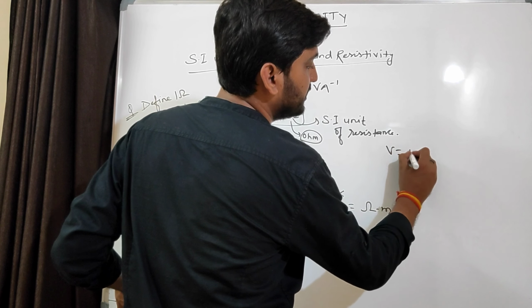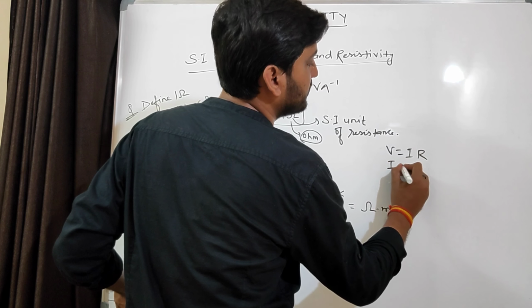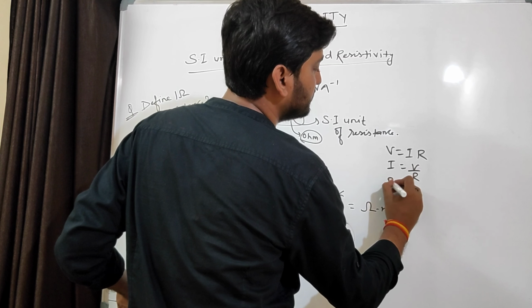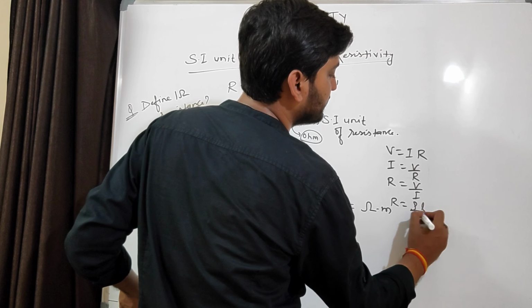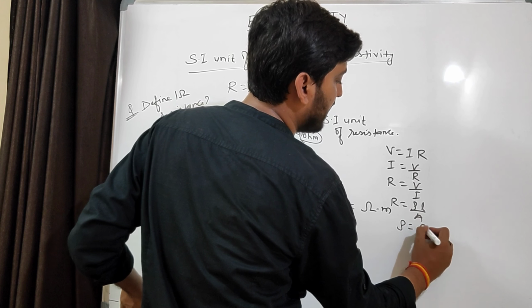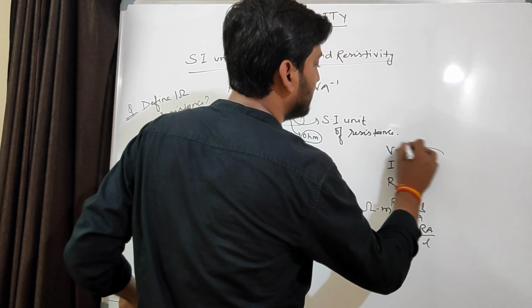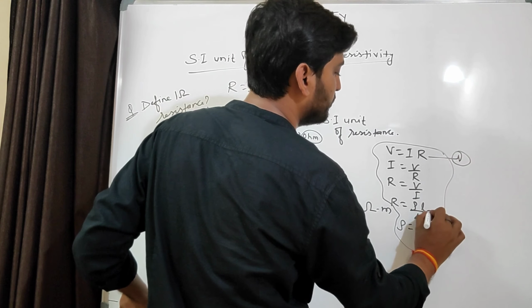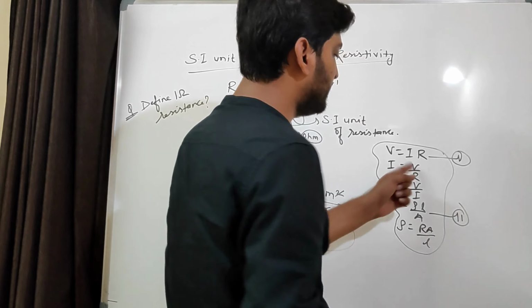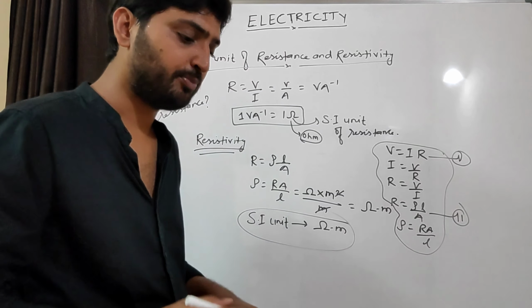These are the formulas. V is equal to IR, I is equal to V by R, R is equal to V by I, and R is equal to rho L upon A, and rho is equal to RA upon L. These are the different forms of the same formulas.